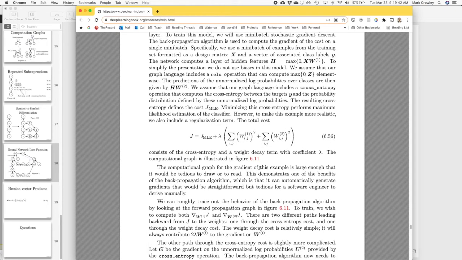So in this case, they're adding a cost. Remember, we're trying to maximize the probability of these outputs, but it's been put in that negative form. So we're representing this loss function, and we're going to minimize this cost that we've defined.